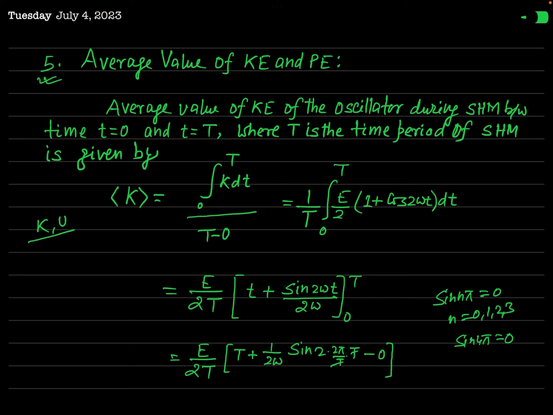So we can find the average value of k and u for a given time interval, because average is always defined for a particular interval. Here we are going to find the average value of potential energy and kinetic energy in a time interval between t equal to 0 and t equal to capital T, where capital T is the period of simple harmonic motion.